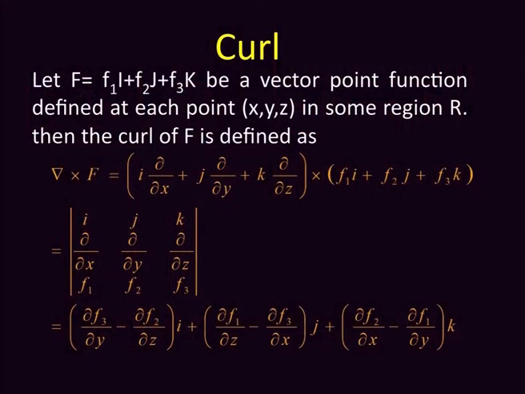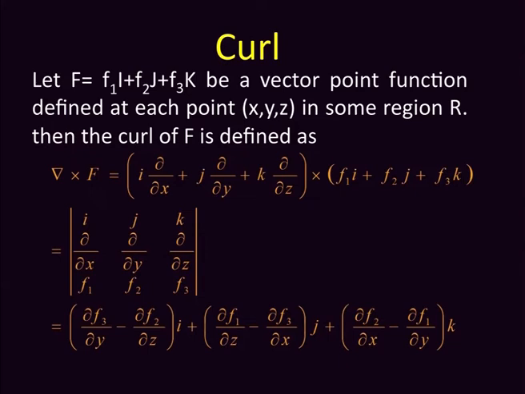Now, I will explain the third identity of vector calculus, named curl. If f is a vector function f1 i plus f2 j plus f3 k, a vector point function defined at each point x, y, z in some region R, then the curl of f is defined as del cross f, that is the cross product of the del operator with a vector function f.